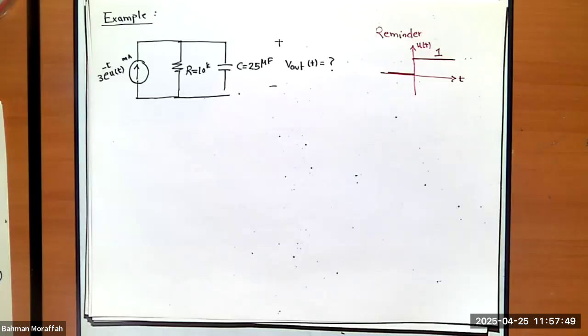We can always do that. We can always write down the differential equation and then take the Laplace transform of it. That's the second approach. Third approach, which is the easiest approach, is to convert the circuit to the S domain and analyze it in S domain and then go back to time. And that's the approach that we're going to do.